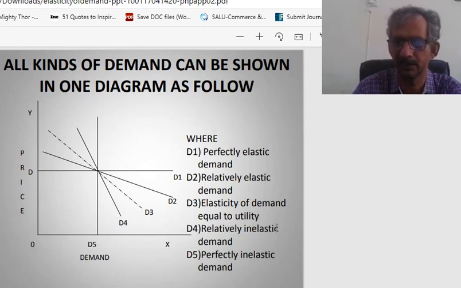Fourth one, relatively inelastic demand: you can see that price is changing more than the quantity demanded. And the perfectly inelastic demand. So this was the discussion about the kinds or the types of the elasticity.